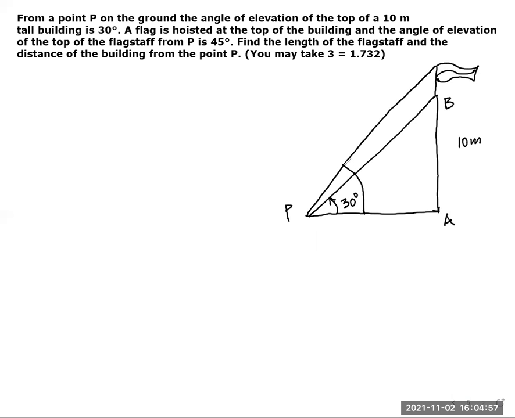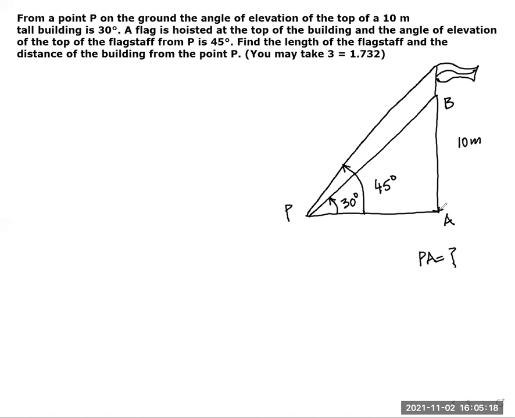This angle is 45 degrees. Find the length of the flagstaff and the distance of the building from point P. This is the distance of the building from point P. We want to find out PA.